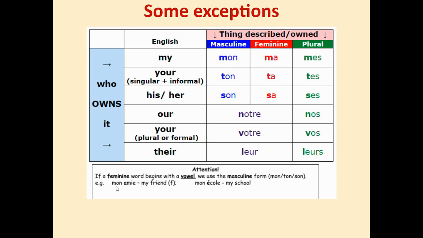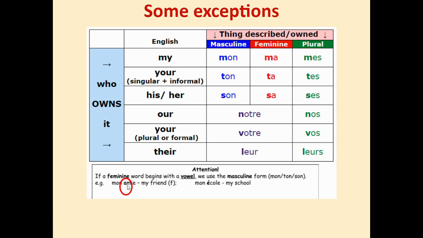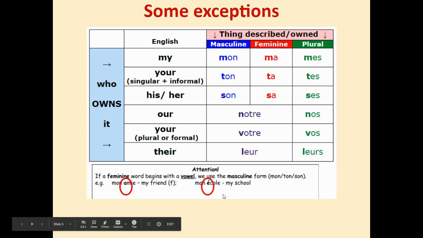You will not say ma amie, you will say mon amie. And this is something that we see very often in French when you have vowels. If you have a vowel at the start of a word, often it affects the word in front of it. Sometimes we remove a letter, but in this case, we actually change the word. It's just because it sounds better, it's easier to say. Mon amie. Same thing here with my school, mon école, because école starts with a vowel.